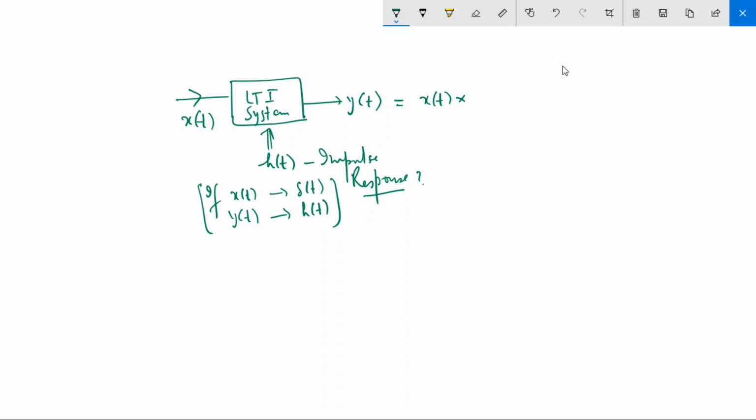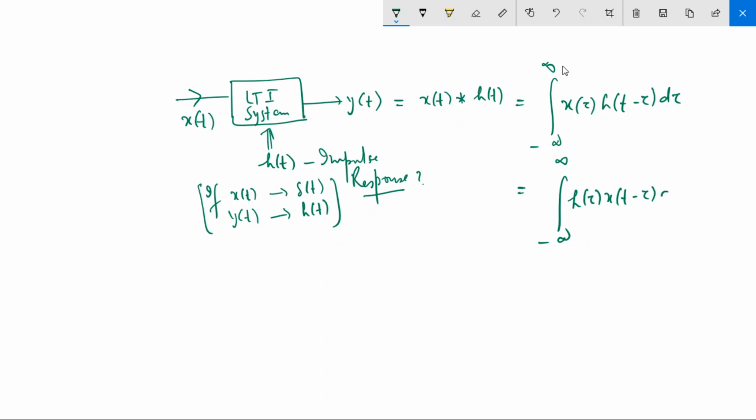So this is the convolution, and you have studied in signals theory that convolution is an integral defined by the integral of x(tau) h(t minus tau) d tau, and it is a commutative operation. You can also write it as h(tau) x(t minus tau) d tau.